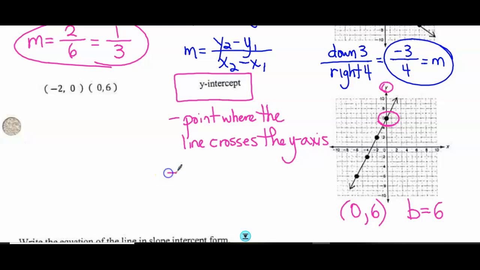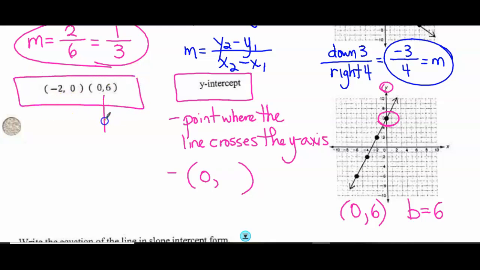The second way is to look at an ordered pair, and a y-intercept is always 0, something. So on the left, we take a look at these two ordered pairs, and this is your y-intercept because it has a 0 in the x spot. That would be b equals 6 also.